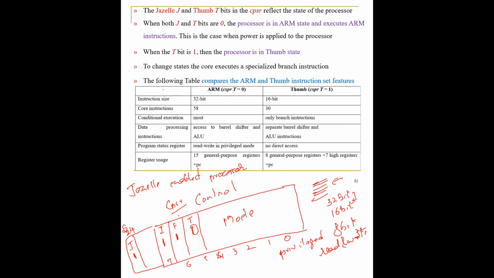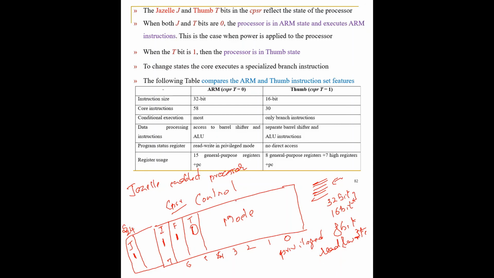This is regarding the instruction set. More detail regarding this will be given to you in the notes, and will also be explained during the online classes. You just need to remember, ARM processor instructions can be of 3 types: ARM instruction set, Thumb instruction set, and Jazelle instruction set.